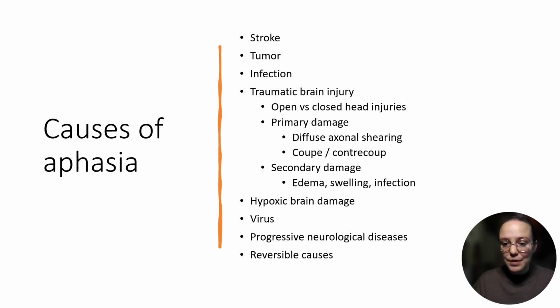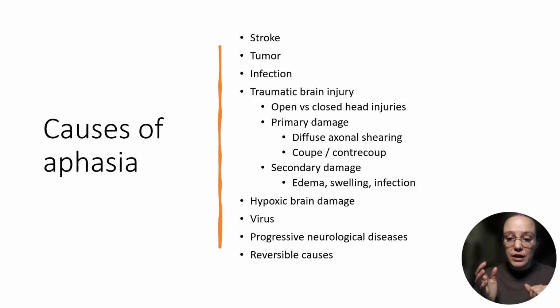Primary damage that happens is diffuse axonal shearing, meaning that the brain moves so much that the white matter tracts called axons actually shear. They can rip completely apart or they can partially tear, and it prevents communication because that's what axons do. They relay information from one neuron to another. When we shear them, you prevent that communication from going.